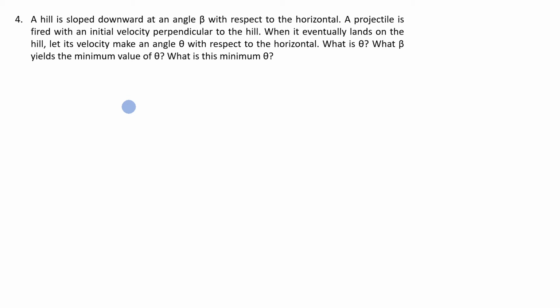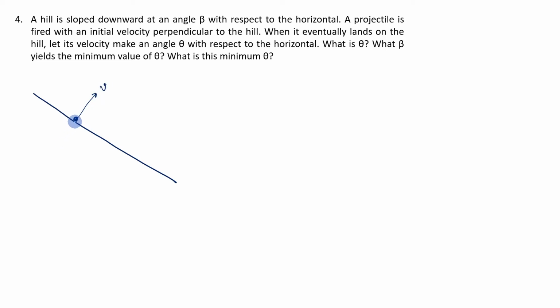Okay, let's solve this problem. First, consider the direction perpendicular to the plane. The acceleration is g cos beta back toward the plane. So if the initial speed is v, okay, first we can illustrate the ball with a v in this direction.